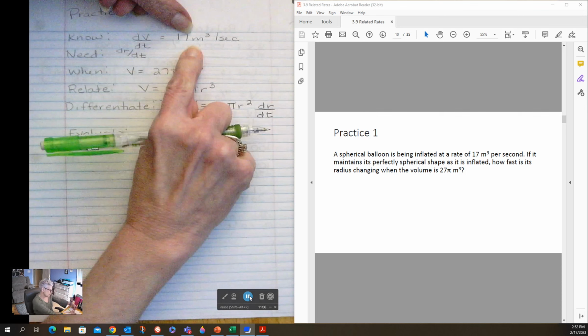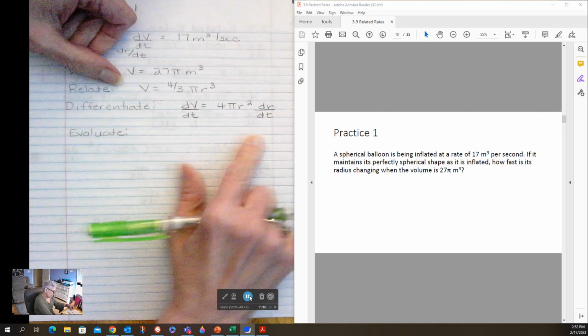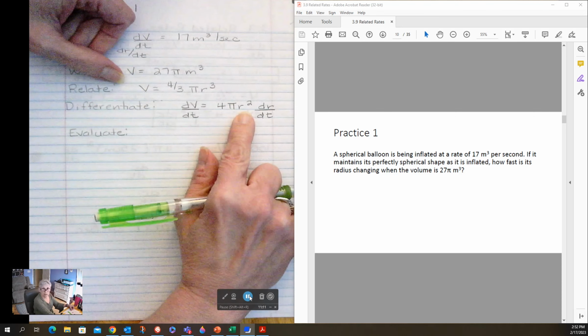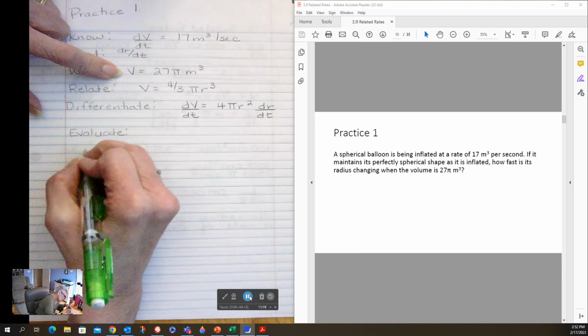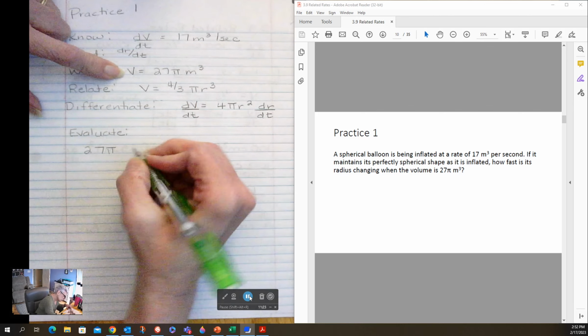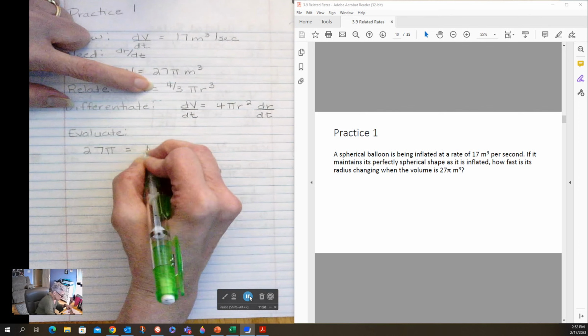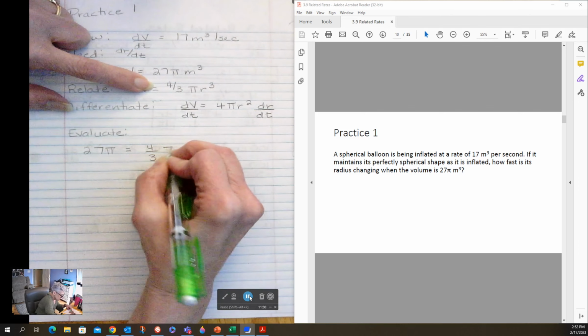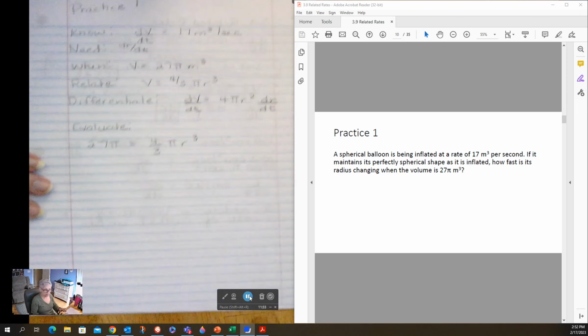Well, 17 cubic meters per second is true all the time. I want to know what r is when volume is equal to 27 pi cubic meters. So 27 pi is equal to 4/3 pi r cubed.